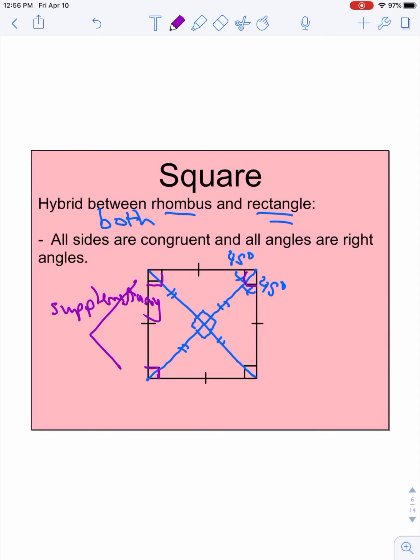The opposite sides have to be congruent, and in this case they're all four congruent, and both pairs of opposite sides have to be parallel. So you just have to keep going back to all of those parallelogram properties and remembering that the parallelogram properties apply to square, rhombus, and rectangle.